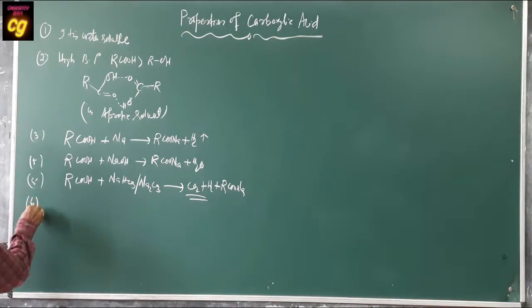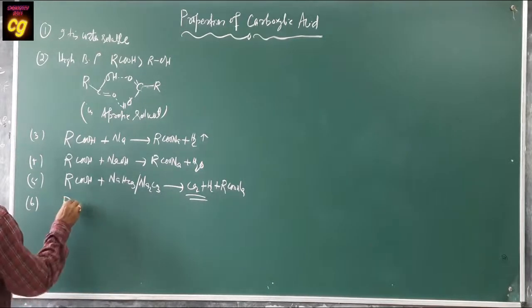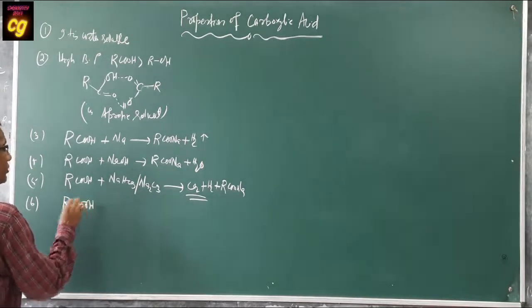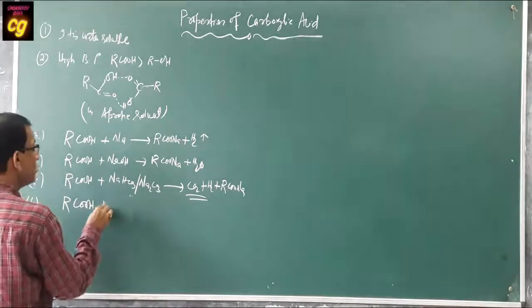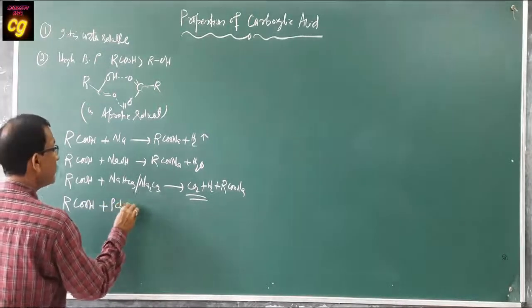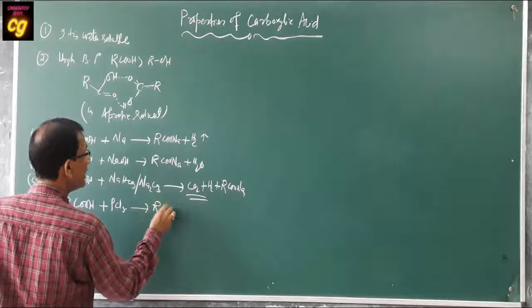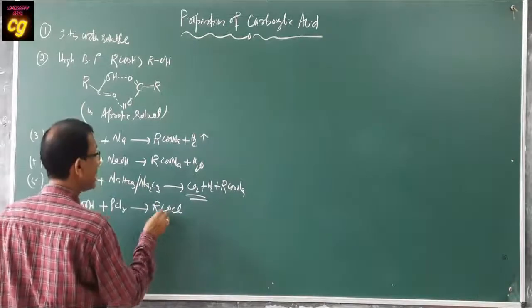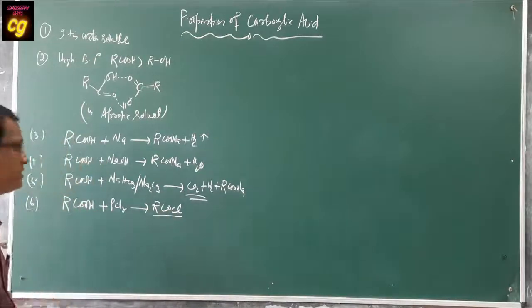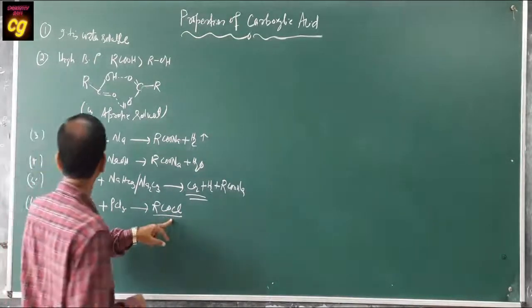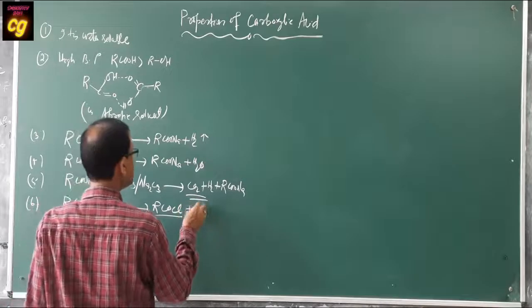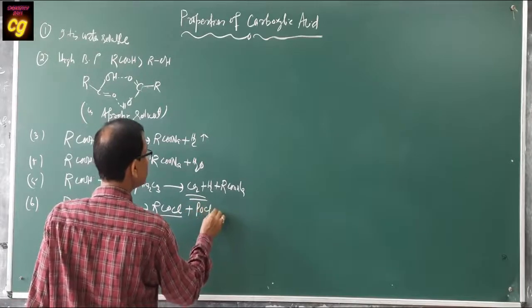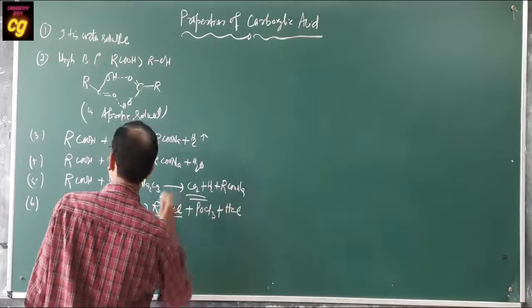Then carboxylic acid undergoes a substitution reaction with PCl5, forming acid halide. This is acid chloride, acid halide, and the result is POCl3 and HCl.